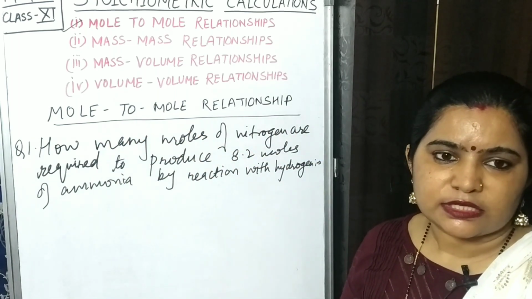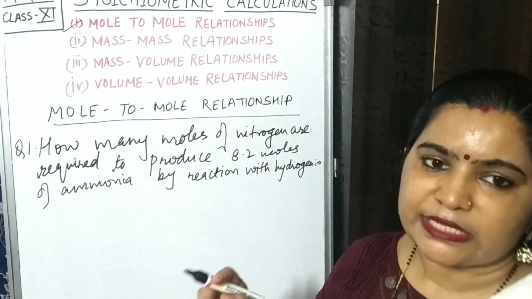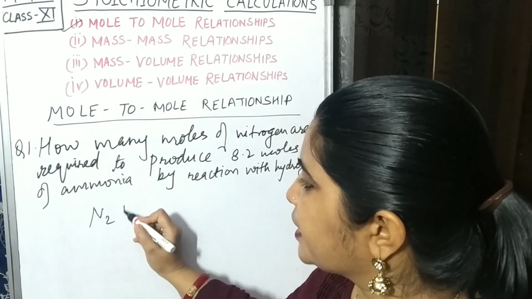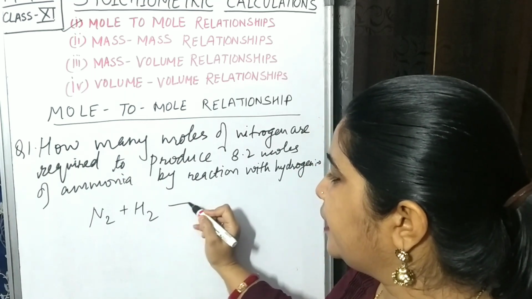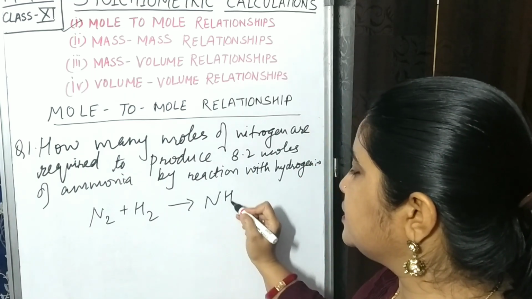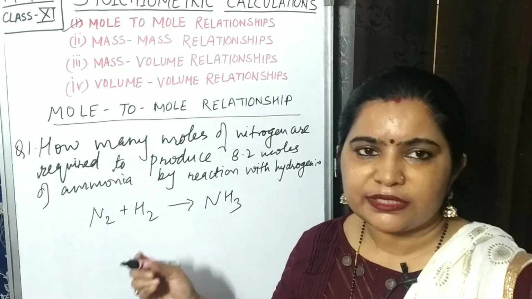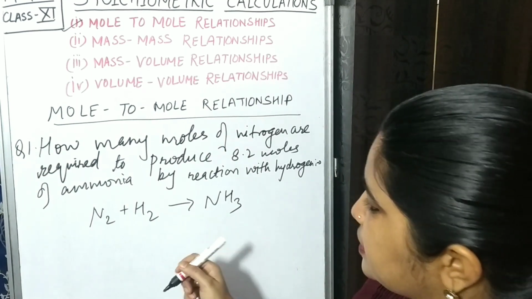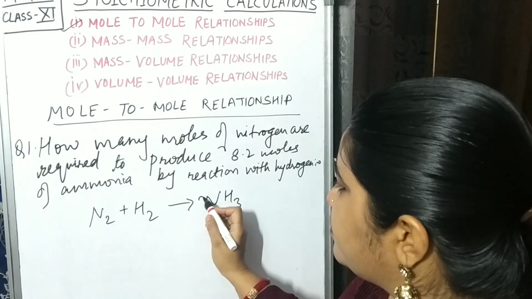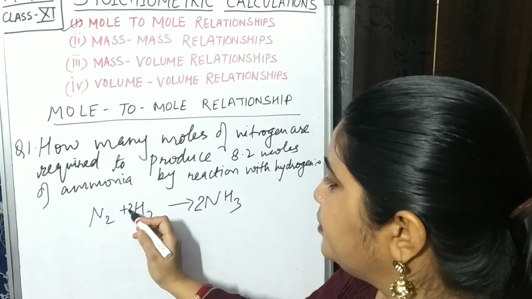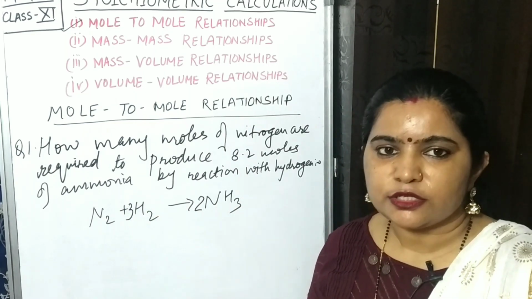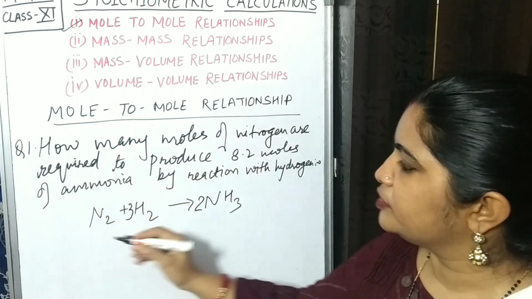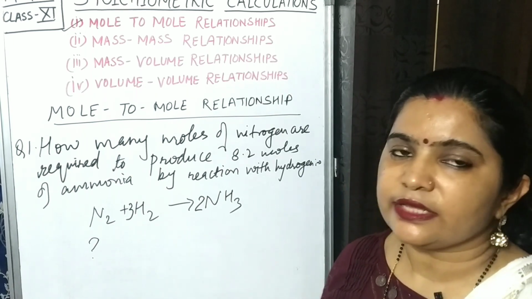Okay, for this we will first of all write the balanced chemical equation here. See children, if N2 reacts with H2, it forms ammonia, that is NH3. Is it a balanced equation? No. So here first of all we will balance it, and this will be balanced by putting 2 here and putting 3 here. Understood? Now here they are asking how many moles of nitrogen, means the question is regarding nitrogen.